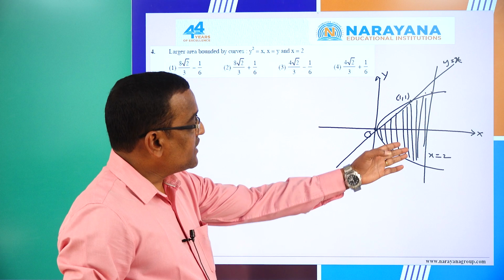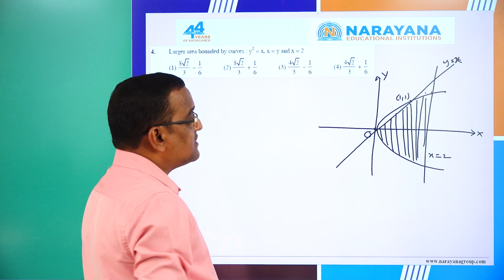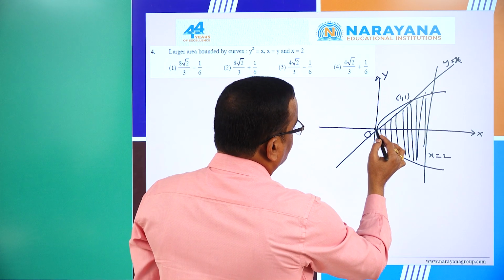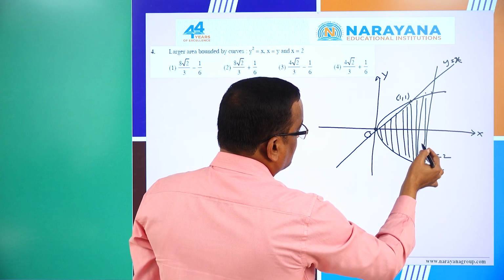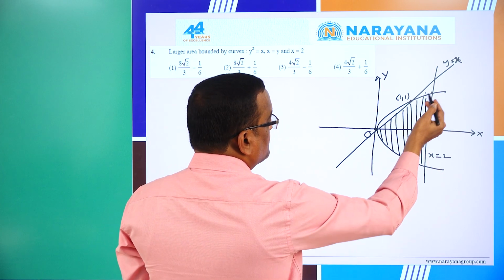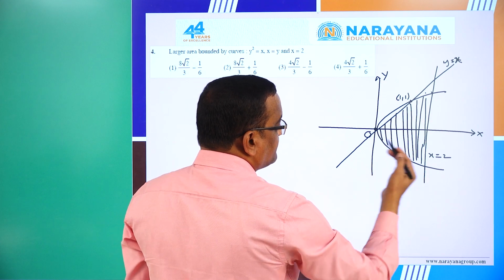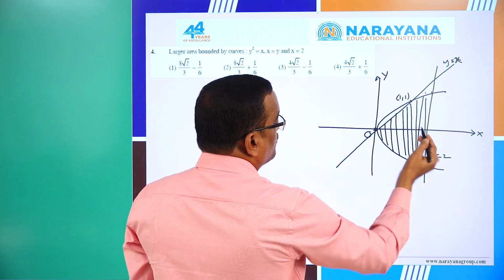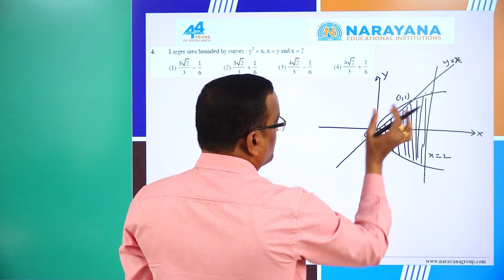So, observe here, this region is bounded by the total parabola between 0 to 2, that will give the upper portion.